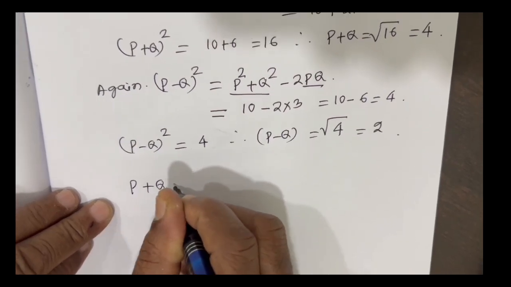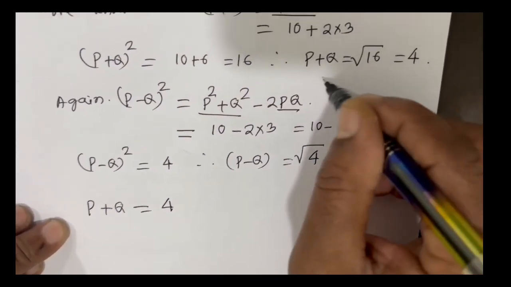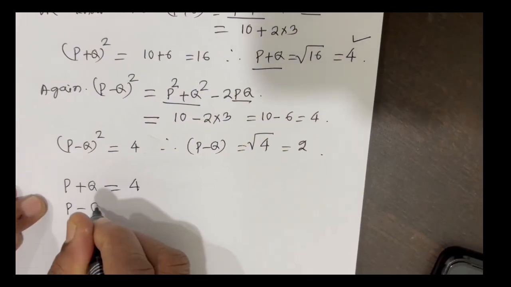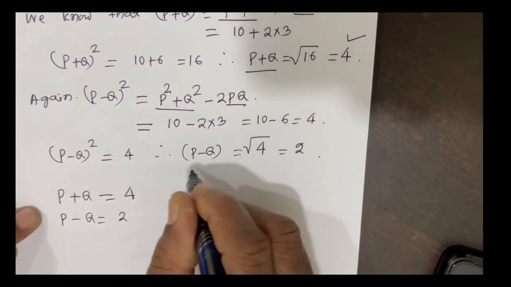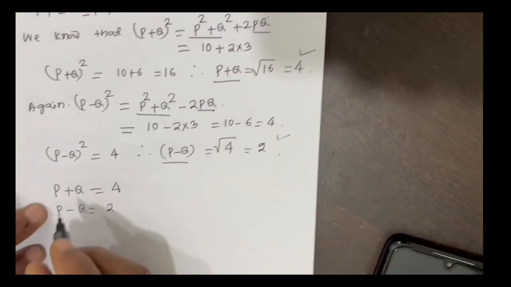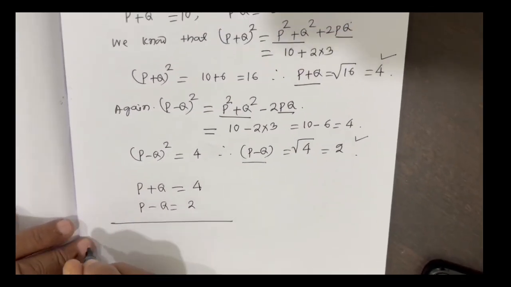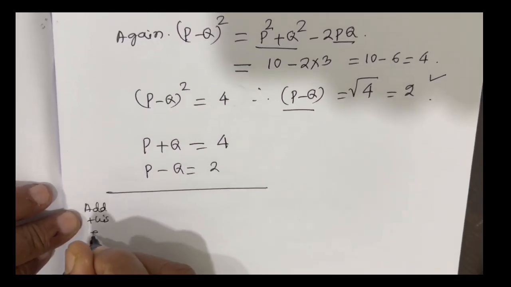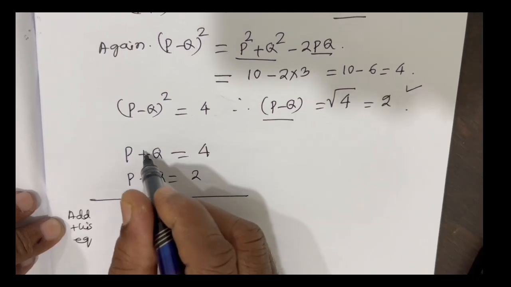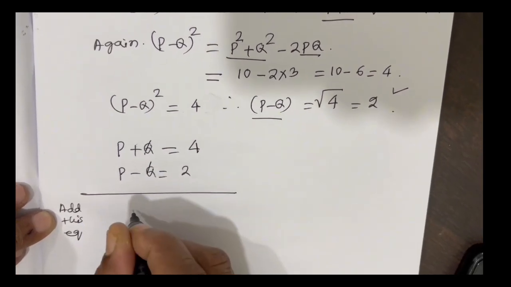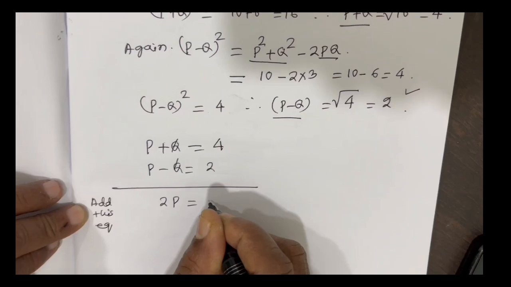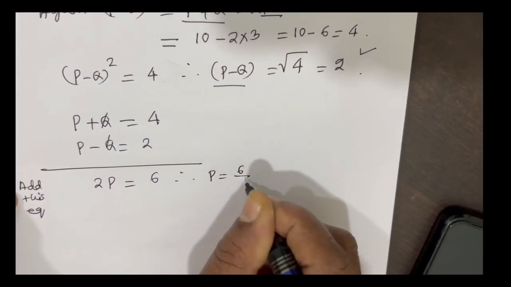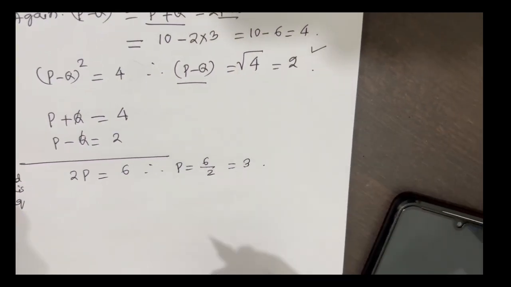P plus Q is equal to 4. P minus Q is equal to 2. Adding these equations, Q minus Q cancel. Therefore, 2P is equal to 6, P is equal to 6 by 2 is equal to 3.